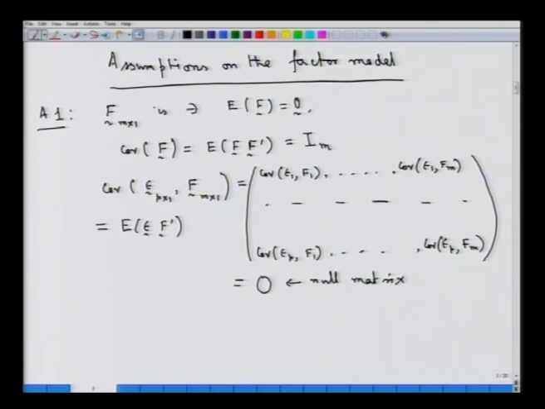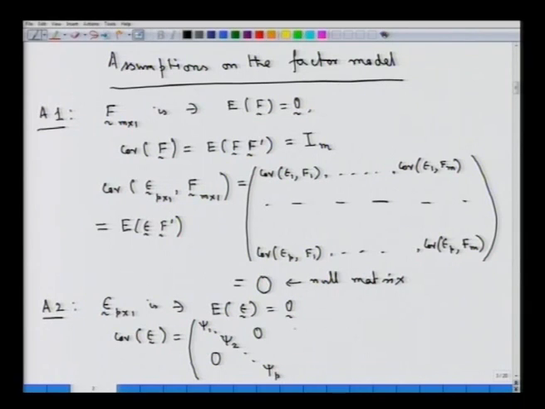So, that is the type of assumption that we usually put in for this unobservable random vector, or the common factors f. The second assumption is the assumption concerning epsilon. This epsilon is a p by 1 vector, such that we also take its expectation vector to be a null vector, and the covariance matrix of this epsilon vector to be equal to a diagonal matrix having the elements, say, psi 1, psi 2, up to psi p.